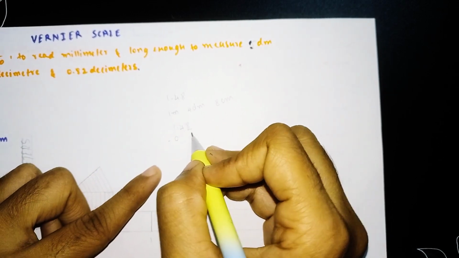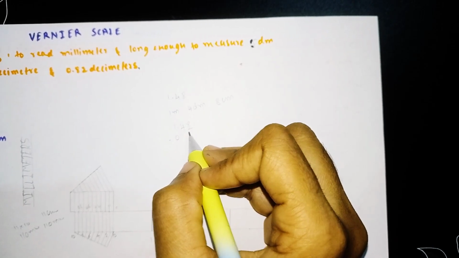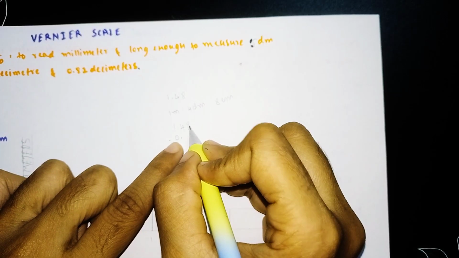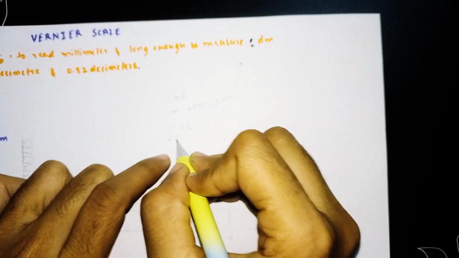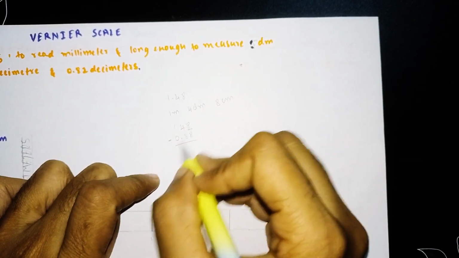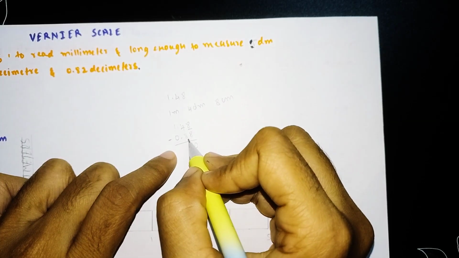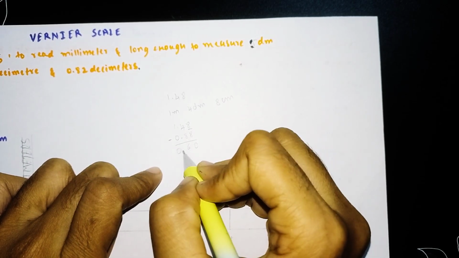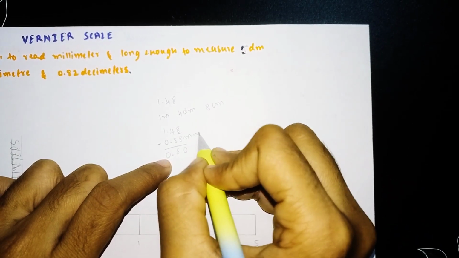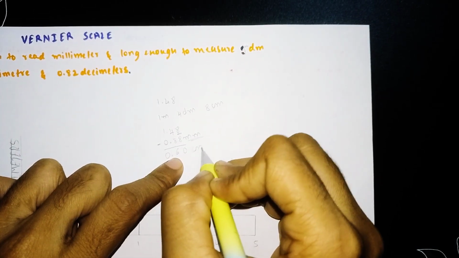Here the last digit is 8, that's why we need to subtract 0.88 from 1.48. So 1.48 minus 0.88: 88 becomes 0, and 14 minus 8 becomes 6, so the answer will be 0.60. This value stands in millimeter and this value stands in centimeter.